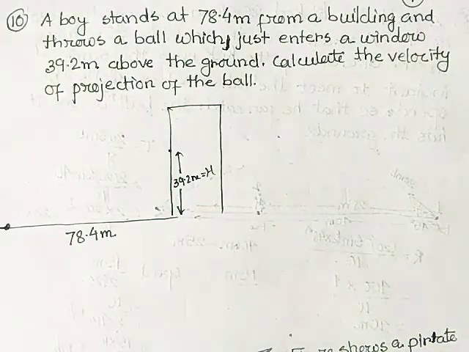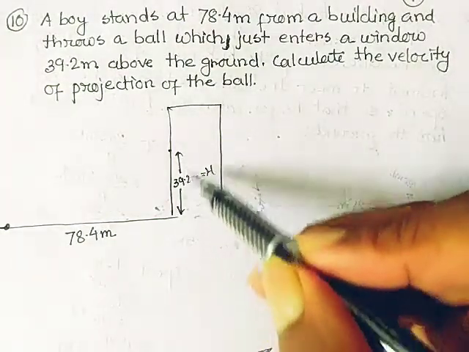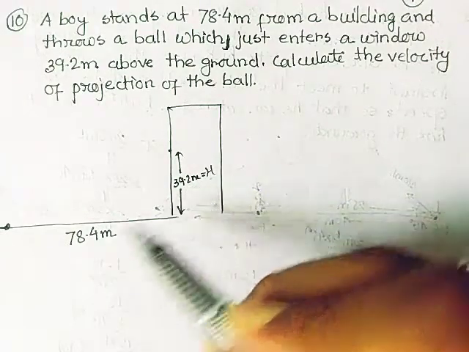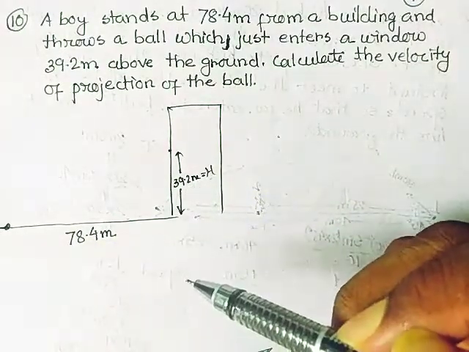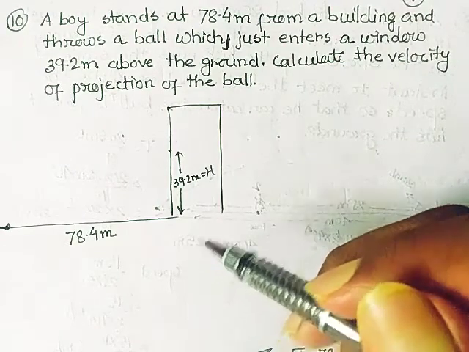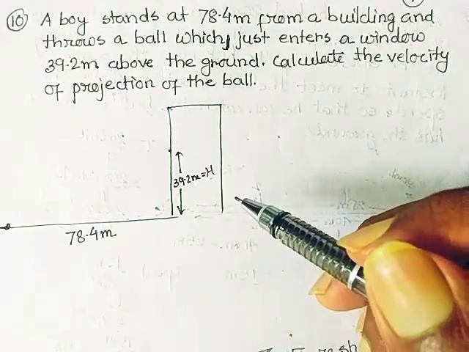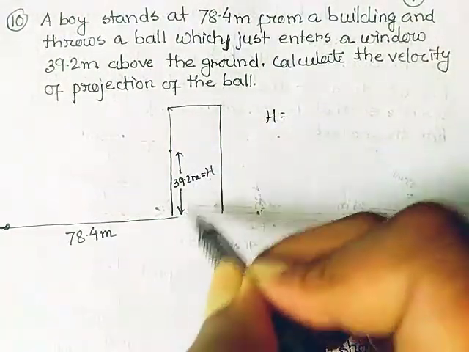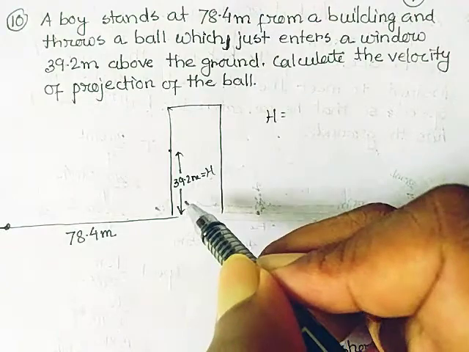So from here it is clear that along the y direction, that is vertically, it has to cover 39.2 meter and horizontally it has to cover 78.4 meter, and from here we have to find out the velocity of projection. So vertically it has to cover 39.2 meter, that is the maximum height.